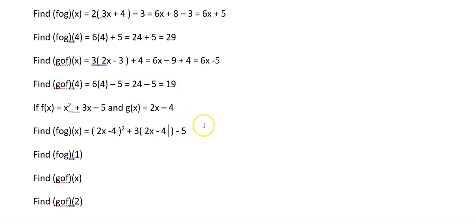All right, now we need to clean that up. So to clean that up, let's first remember that 2x minus 4 squared really means 2x minus 4 times 2x minus 4. And we'll go ahead and FOIL that out in a minute. But let's go ahead and distribute the 3. That's 6x minus 12. And we still have the minus 5.